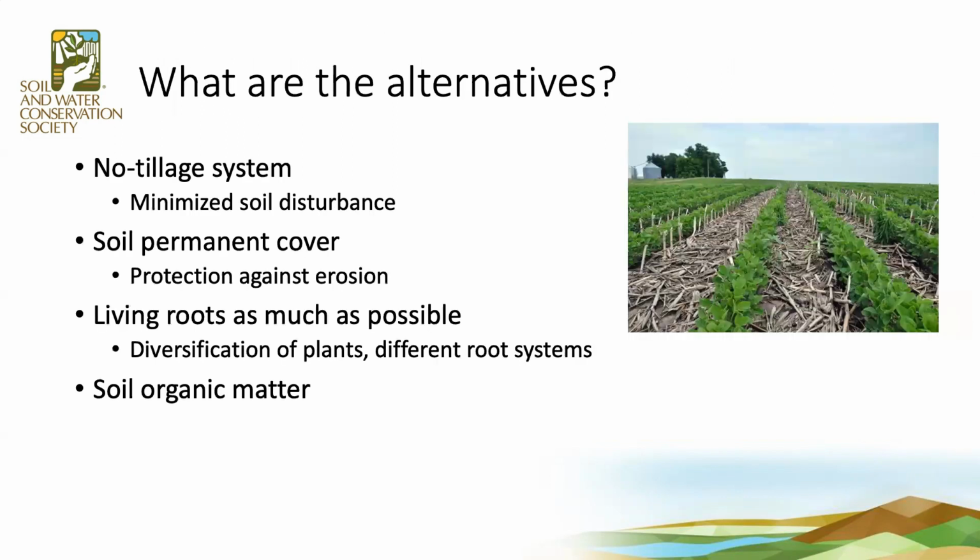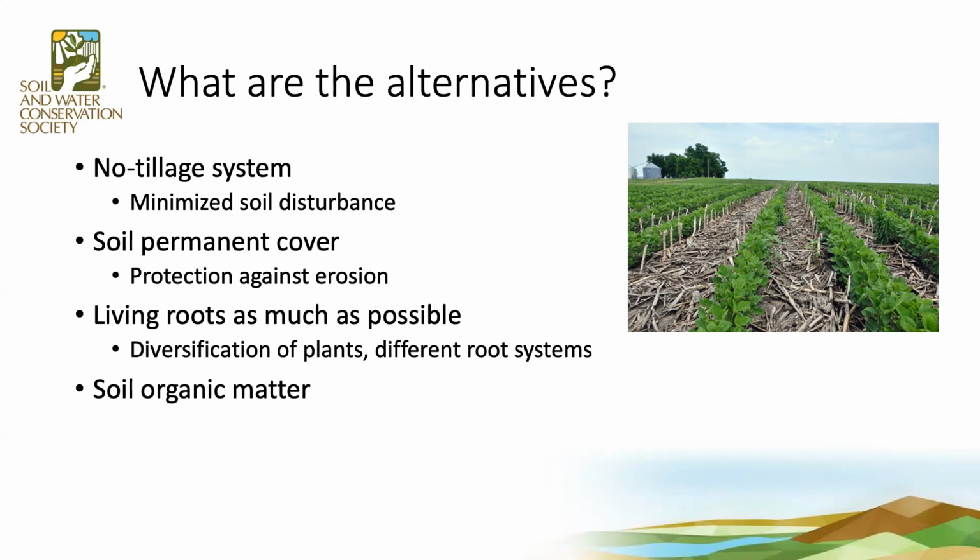And what are the alternatives to avoid erosion from a soil aggregation perspective? So we have the no-tillage system where we prioritize minimized soil disturbance. We have permanent soil cover, which will provide protection against erosion by keeping the soil with a layer of plant material, and we will be protecting the soil from that physical break from the water drop, as I mentioned before.